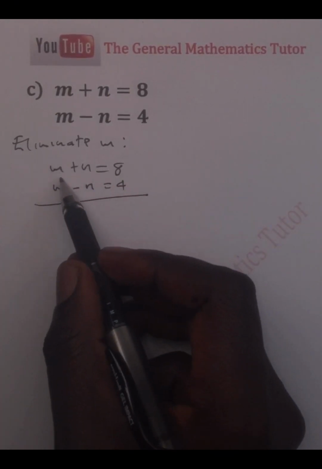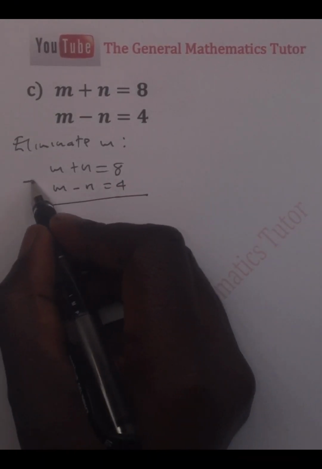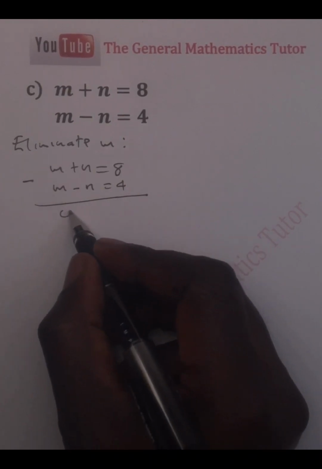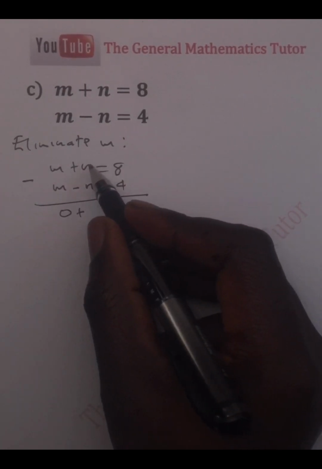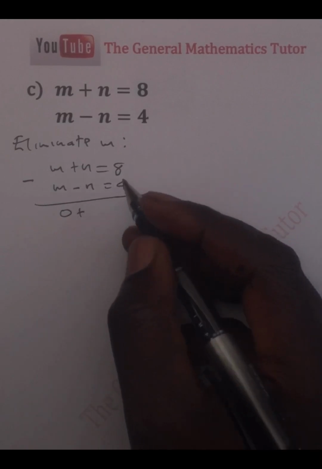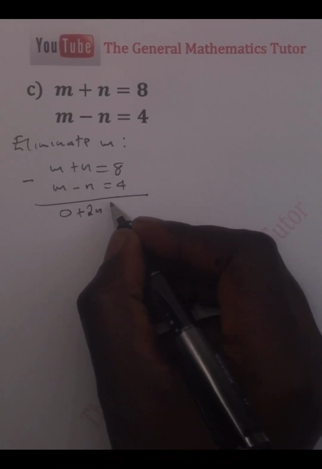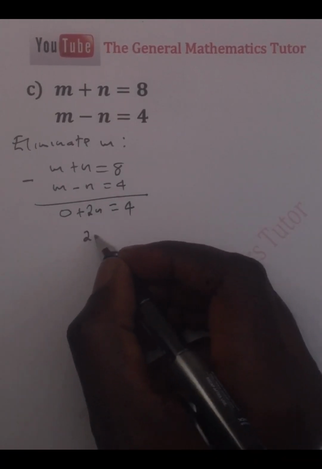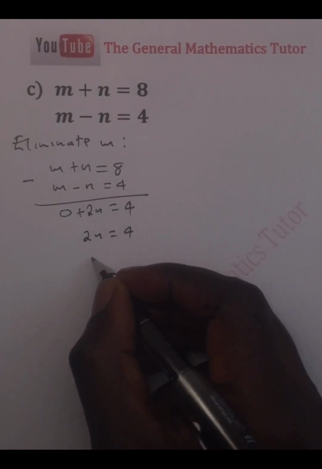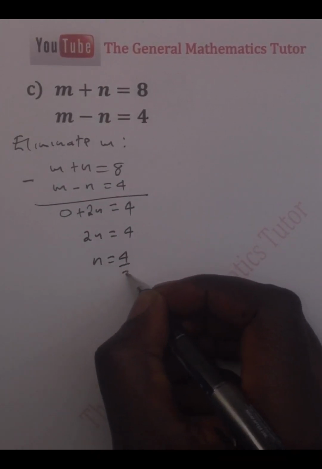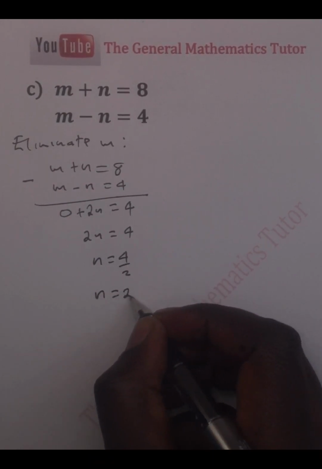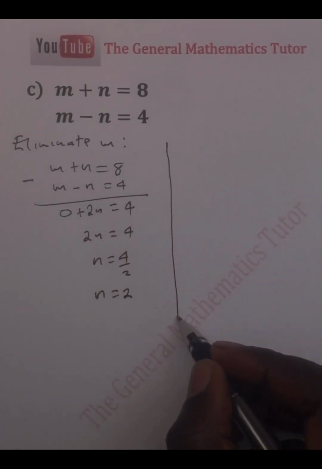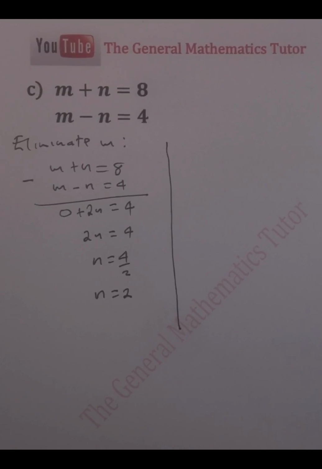So we can eliminate m by subtracting. So we have 0 plus n minus negative n, that is plus 2n. So we have 2n is equal to 8 minus 4, that is 4. So 2n is equal to 4, so that n is equal to 4 over 2, so that n is equal to 2.